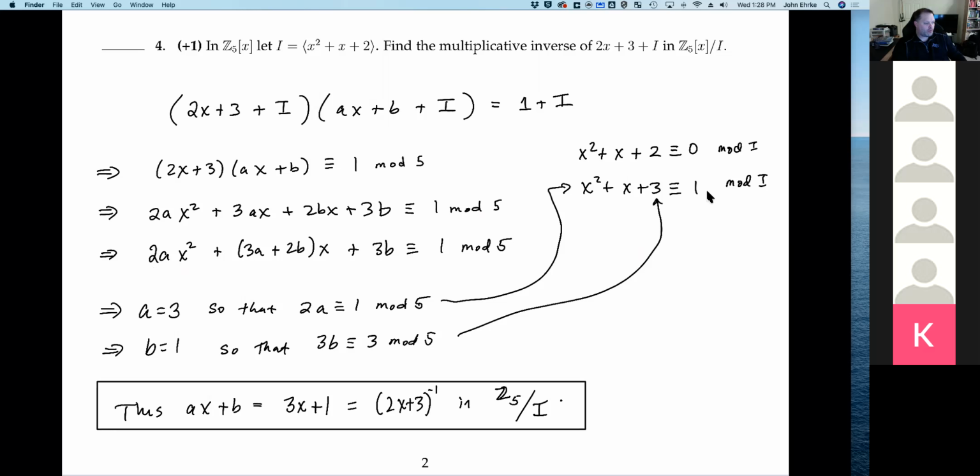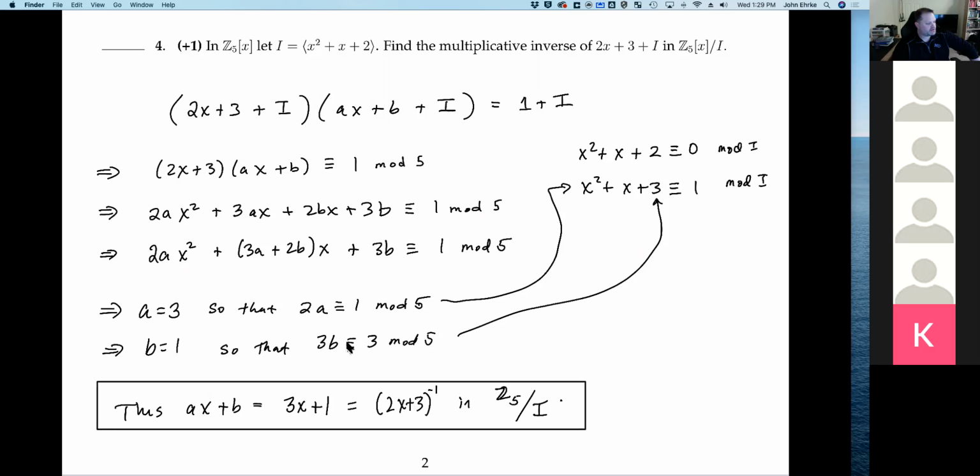But I know that since I'm in the ideal x squared plus x plus 2, that x squared plus x plus 2 gets mapped to 0 in that ideal, which means that x squared plus x plus 3, I added 1 to both sides, is equivalent to 1. And the reason I bring that up is, if I have a polynomial that's equivalent to 1, then the constant term has to be 3.